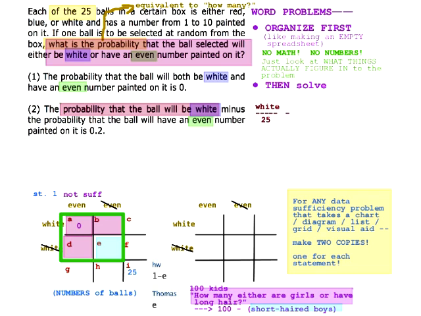And then this probability is even over 25. You can just write that in formula, right? And that equals 0.2.